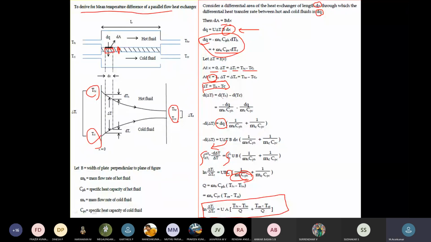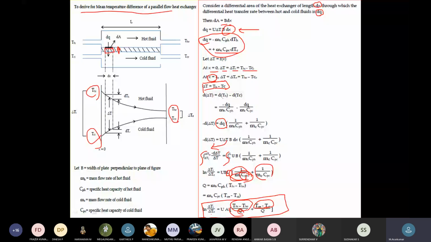So this is an important equation. U into A into (Thi, that is inlet, minus The, that is exit), the temperature difference in the hot fluid, and the temperature difference in the cold fluid, Tce exit minus Tci inlet, divided by Q plus Q. So the hot fluid has to be considered and the cold fluid also has to be considered, so we calculate the mean temperature difference.